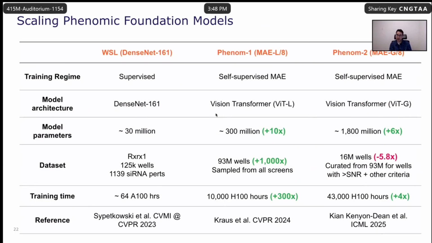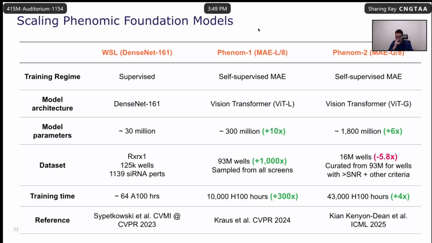So what we did next, so this happened last summer. Recursion upgraded our cluster, and for a while it was number, I think, 35 or 36 of the top supercomputers in the world. And this work was a bit driven by Iman Haq, who's in the audience, but we wanted to push this even further. So we expanded the model size to a ViT-G, which has 1.8 billion parameters.